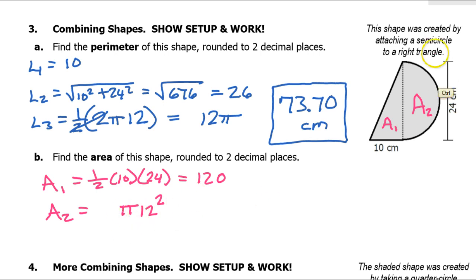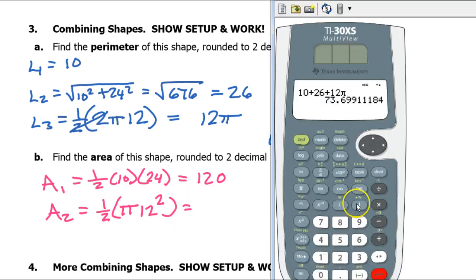Now, that would be the area of a full circle, but this is half of a circle, a semicircle, so that's why I'm going to do half of this. So that is 72 pi.